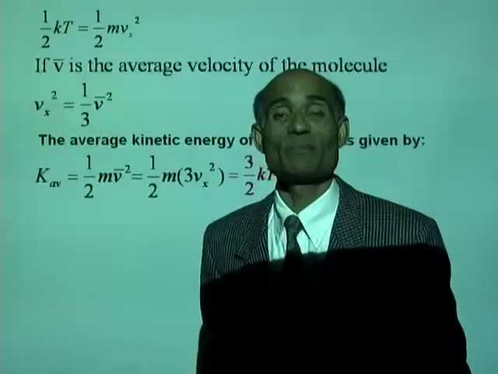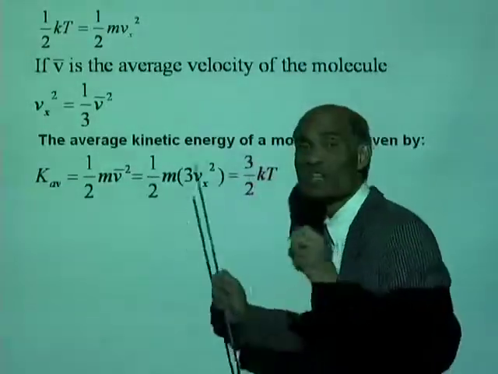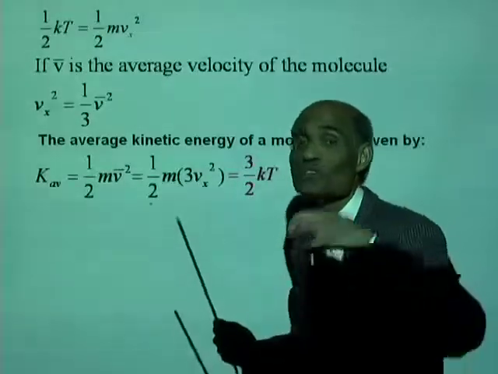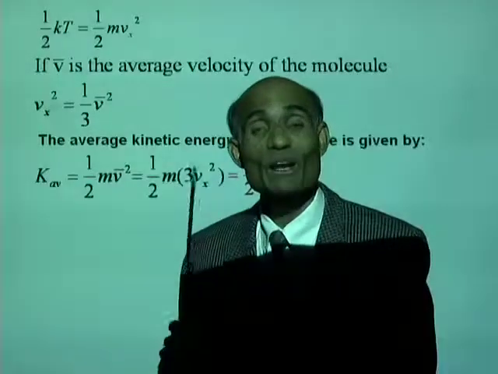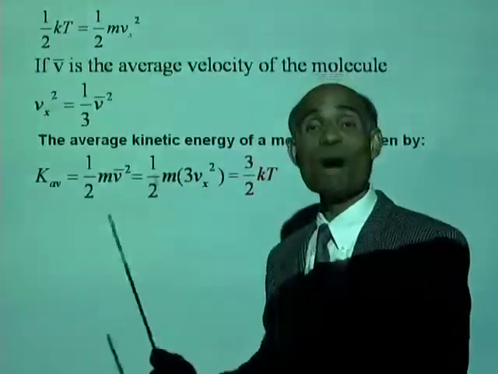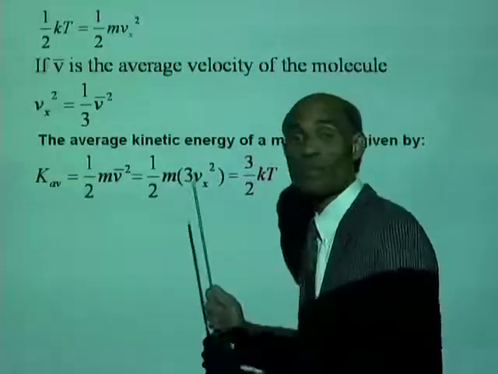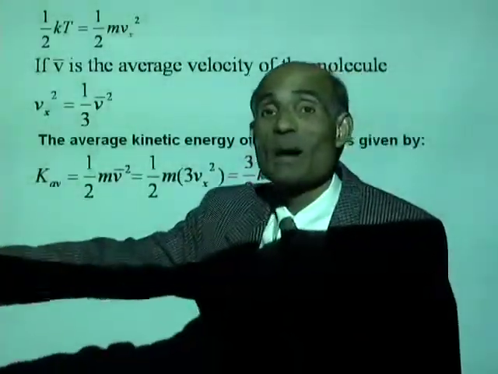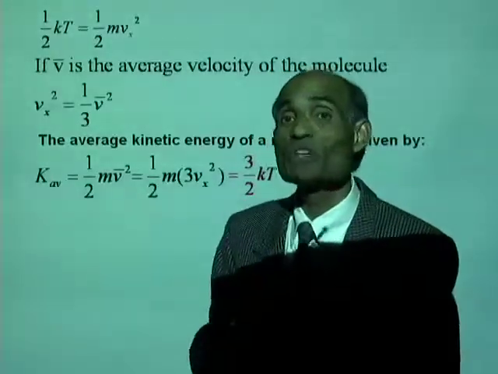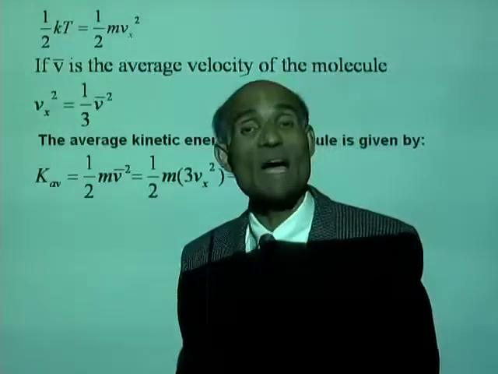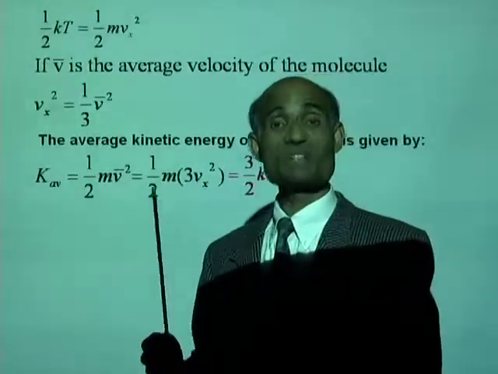What would be the answer? This is the total kinetic energy for 3 degrees of freedom. Therefore, the energy of a molecule per degree of freedom is 1/2 kT. Don't forget that. I will ask you that about 2 classes from now. The energy of a molecule per degree of freedom is 1/2 kT, where k is the Boltzmann constant and T is the absolute temperature.